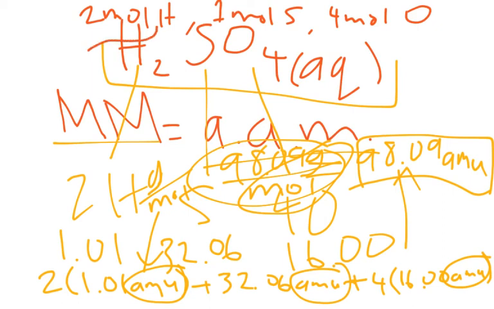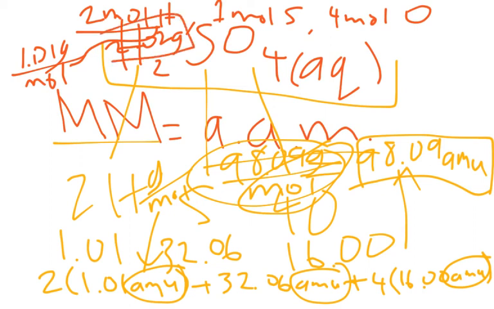H would have a molar mass of 1.01 grams per mole, and since we have 2 moles, then 2 moles of H would weigh 2.02 grams. I know it's getting covered up, but you can read that it's 2.02 grams. And 1 mole of S will just be 32.06 grams, since the molar mass of S is 32.06.